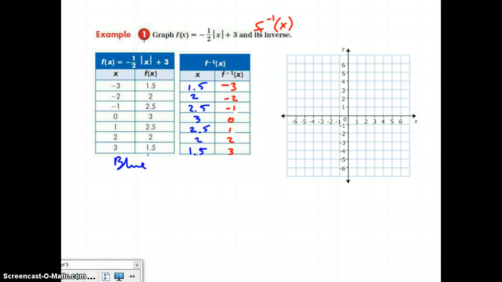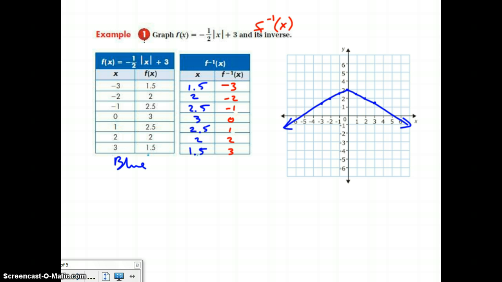We have negative 3, 1.5, negative 2, 2, negative 1, 2.5, 0, 3, and then it's going to come back down because we know that absolute value functions make a nice little V here for us. And so it should look a little something like this.